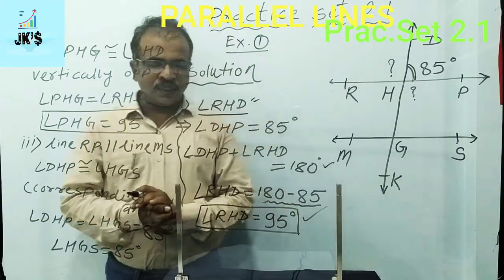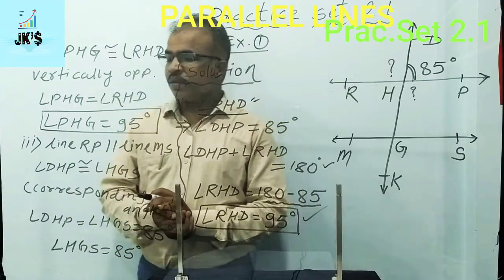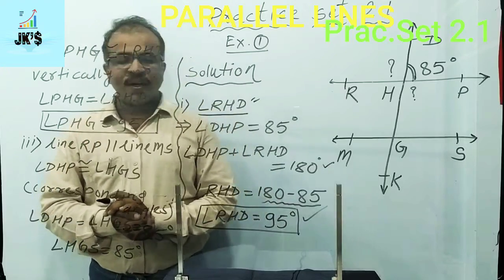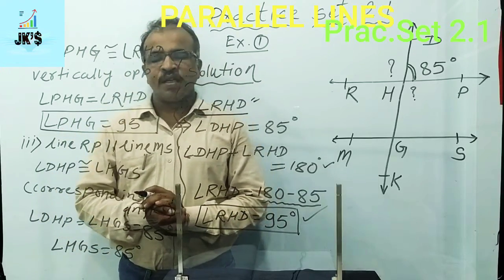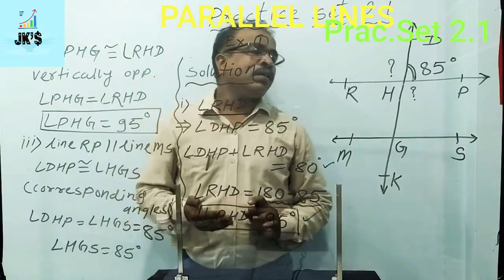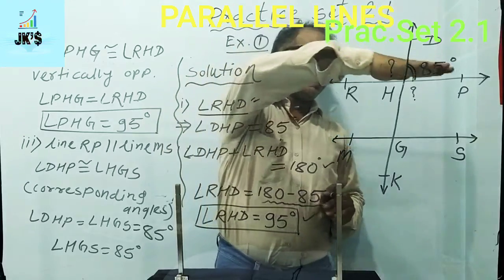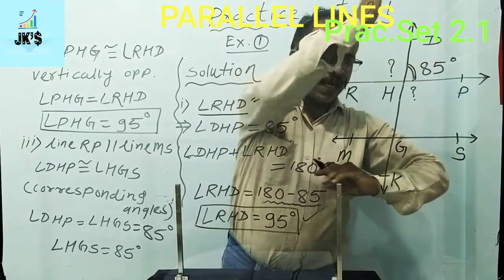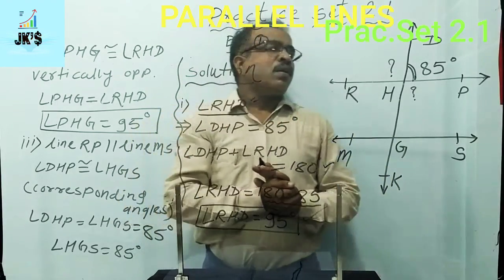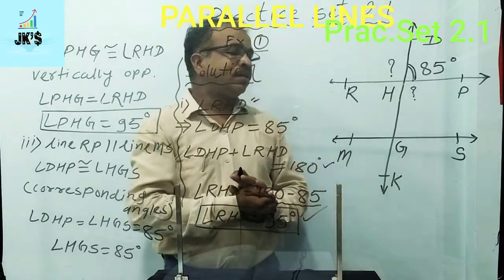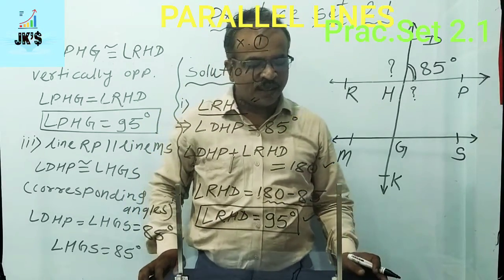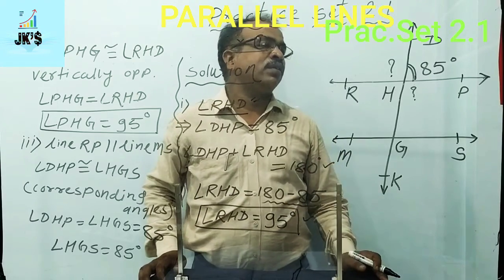The third question is angle HGS. We have to find the angle HGS. We are given that line RP is parallel to MS and DH is the transversal. If two lines are parallel, then the pair of corresponding angles formed by the transversal are congruent.